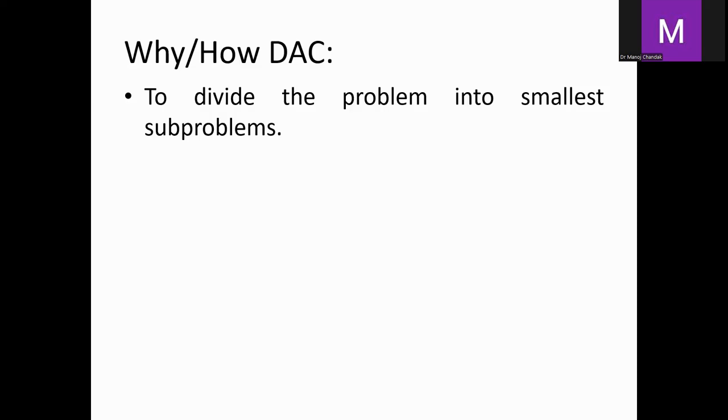So if we want to reduce a bigger problem into smaller problems, the best approach is to divide the problem into the smallest subproblems. That is divide and conquer.